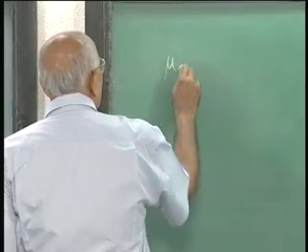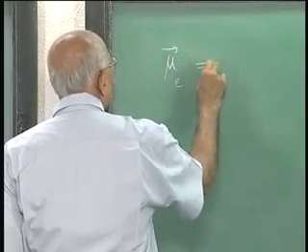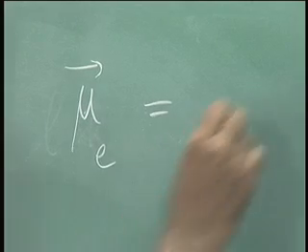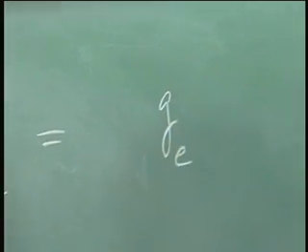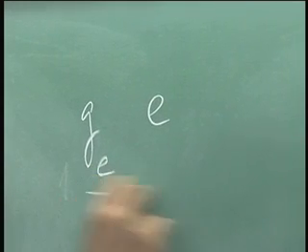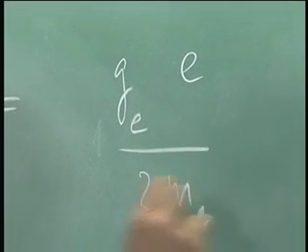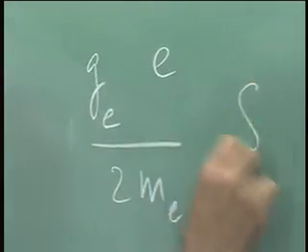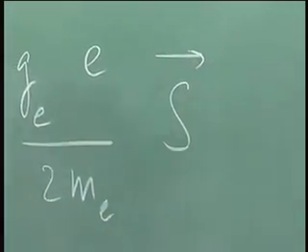Let me mention this. The magnetic moment of the electron mu e, as I pointed out last time, is equal to the g factor of the electron, g e, multiplied by the charge of the electron divided by twice the mass of the electron, times the spin operator, the intrinsic angular momentum operator for the electron.